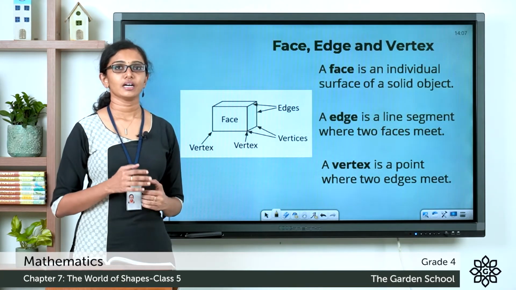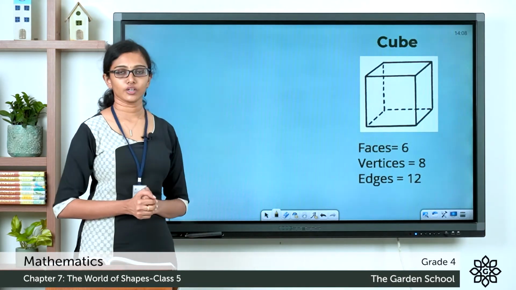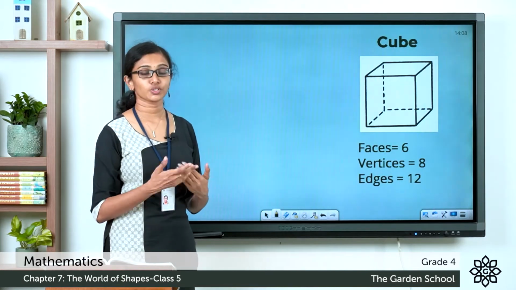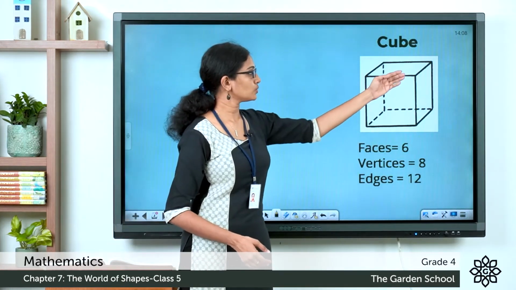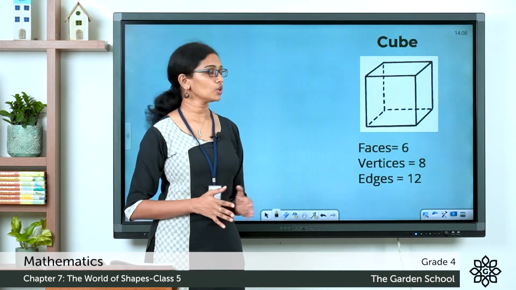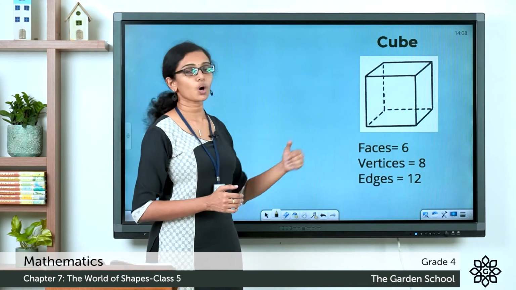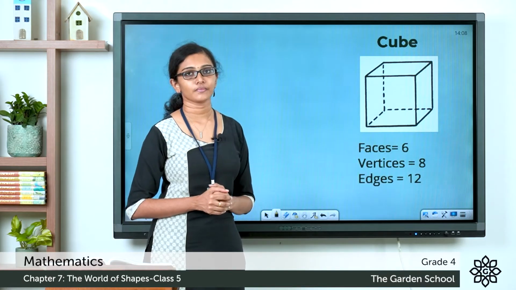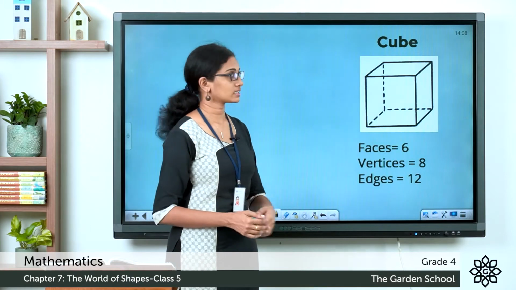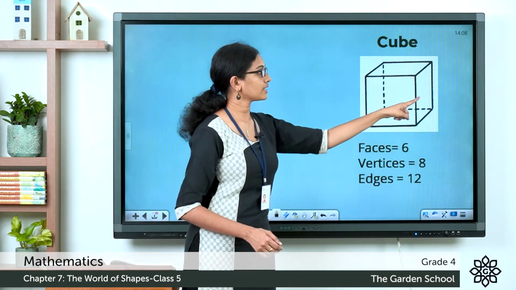Now let us see a few solid shapes in detail. Here you can see a cube. We have already learned a cube has got 6 faces. Which are the faces? 1, 2, 3, 4, 5 and 6. And for a cube, each of the faces is a square. So all the faces of a cube are the same. And how many vertices has it got? It has got 8 vertices. 1, 2, 3, 4, 5, 6, 7, 8.